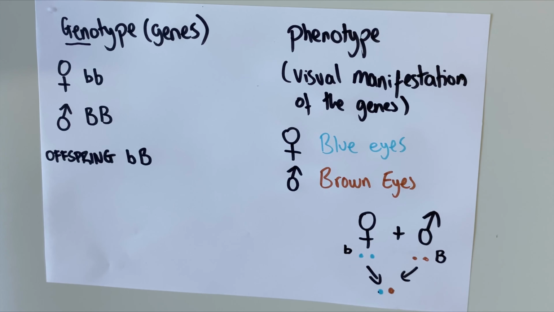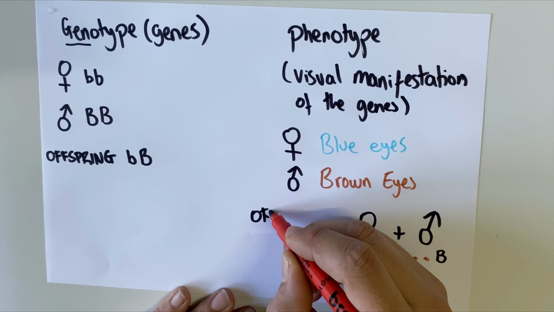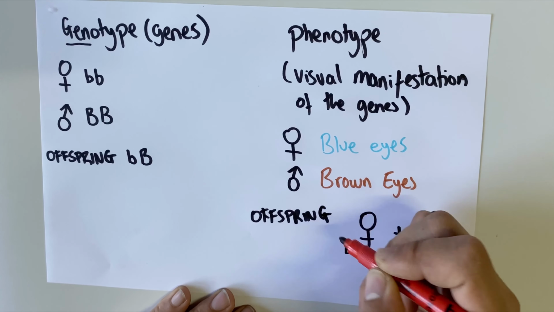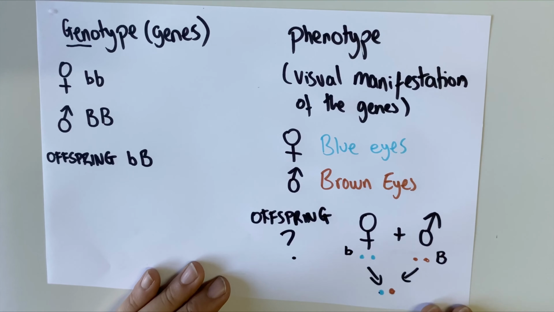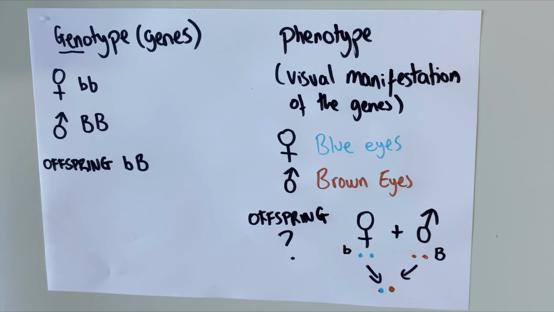Now, this is where the next key term comes in, and we can work out the offspring's phenotype based on what these genes actually do.